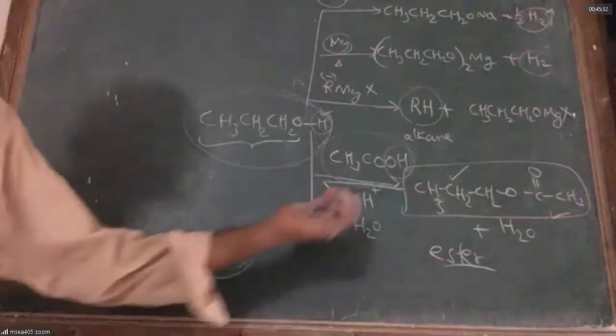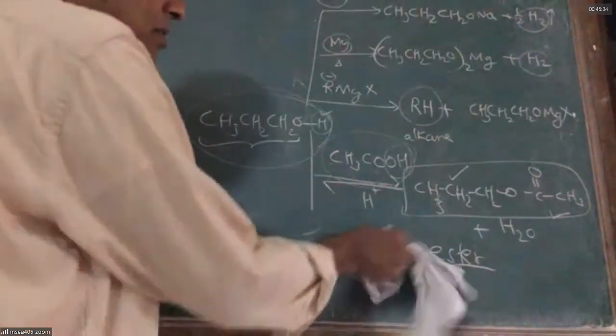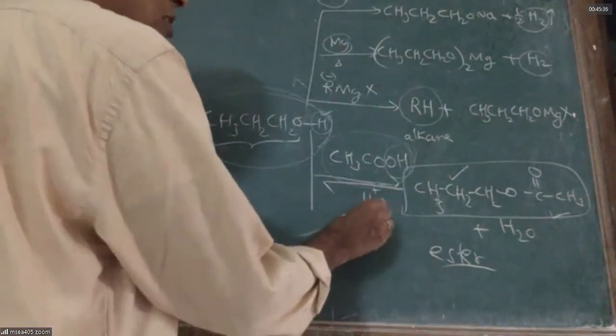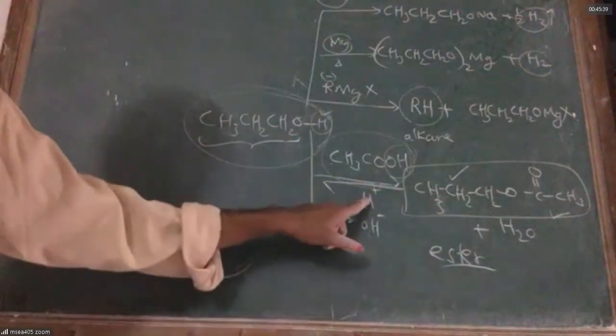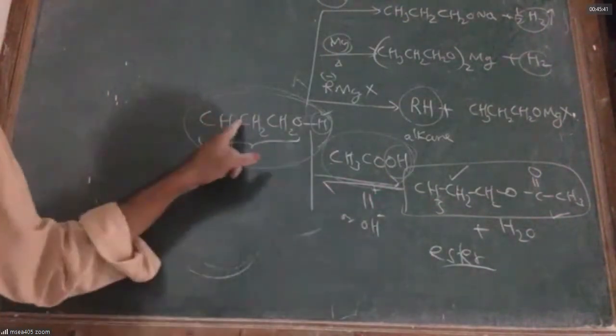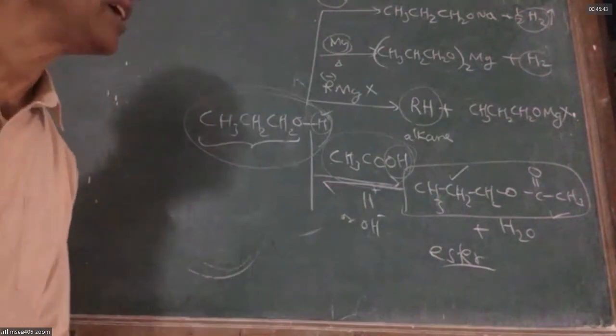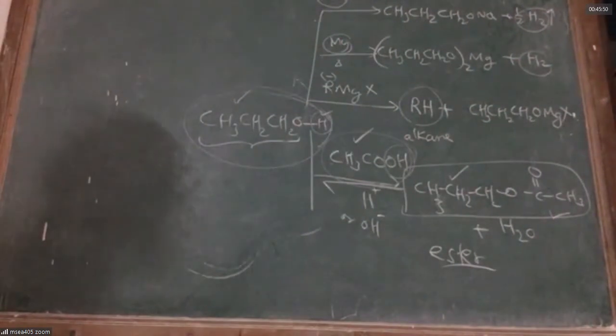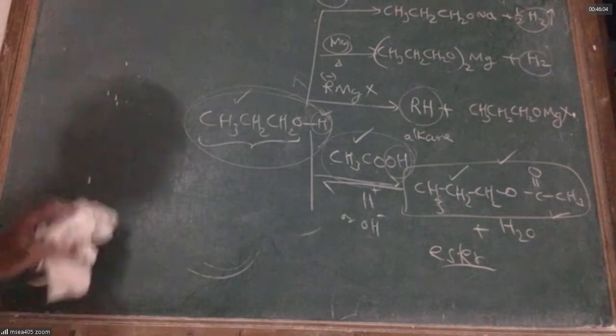The esterification can be catalyzed by H plus or by OH minus. It can be acid catalyzed esterification or base catalyzed esterification. In esterification, alcohols react with carboxylic acids or their derivatives to give esters. The mechanism of esterification is very important. Check in the textbook whether they give it. If they have not given, I will discuss. But now I introduced the name.